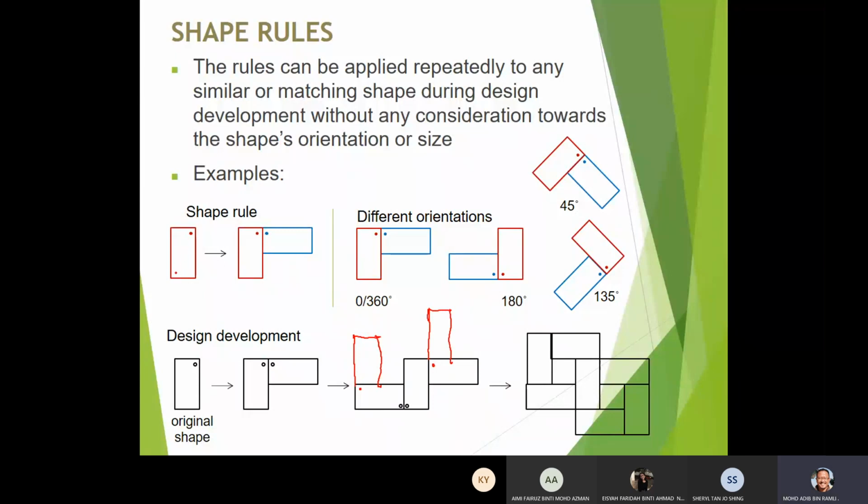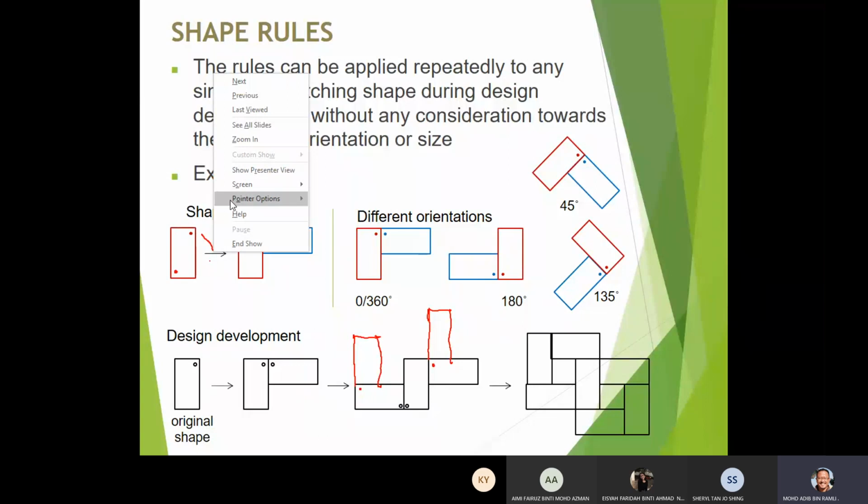Why only two? Because just imagine this shape here with this label. If you rotate this shape 180 degrees, that's how you get the label here. So for this class, I only allow rotation, meaning that from here, you rotate.